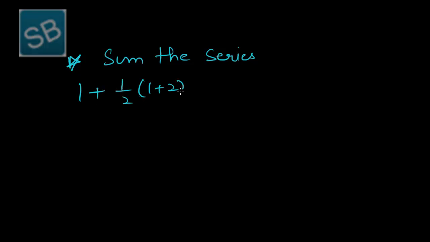Now the next problem is: sum the series 1 plus 1 by 2 times (1 plus 2) plus 1 by 3 times (1 plus 2 plus 3) plus up to 16 terms.